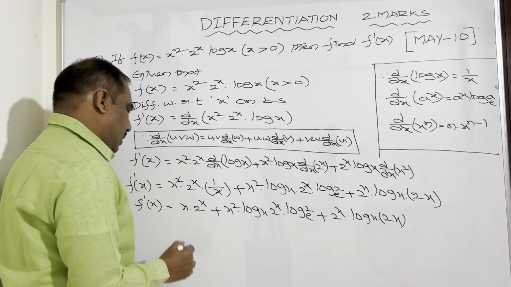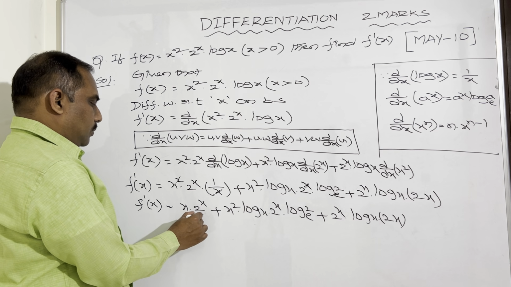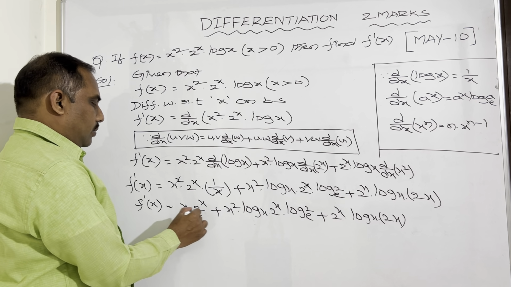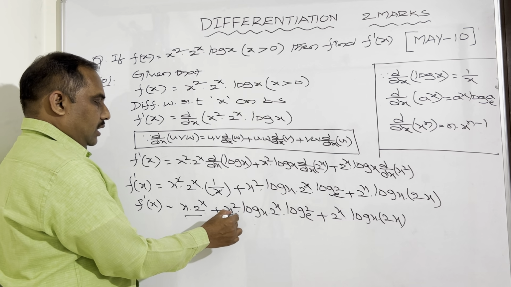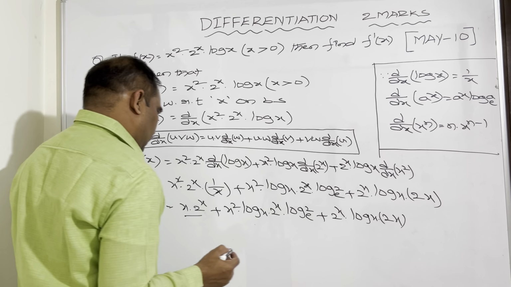See, observe here, in all the three terms, x·2ˣ is common. Here x·2ˣ, here also x·2ˣ, and here also x·2ˣ is common.